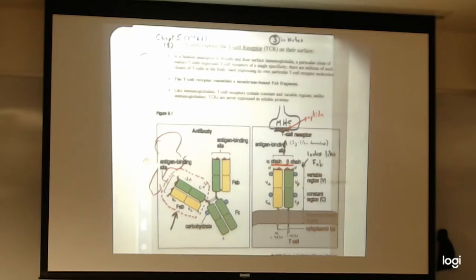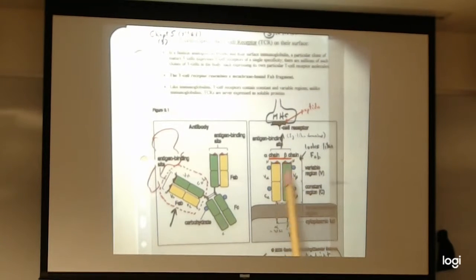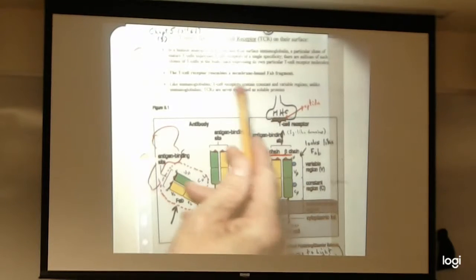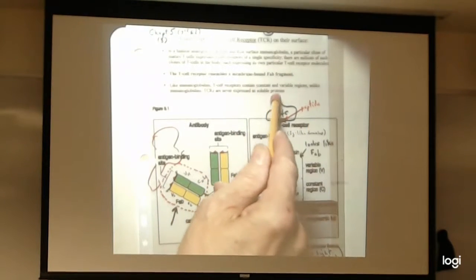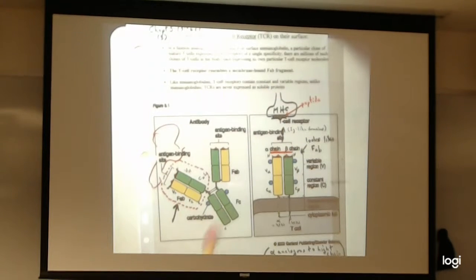So we move on now to talking more about T cells, and we're going to talk about the T cell receptor in more detail, and also the MHC presenting protein, which is expressed on the surface of antigen presenting cells or virus infected cells.